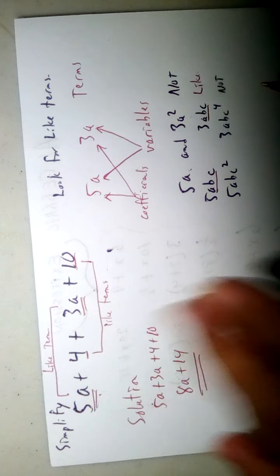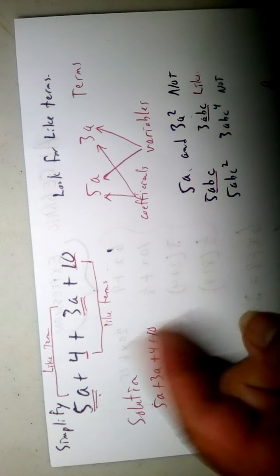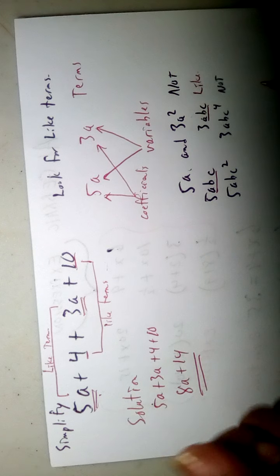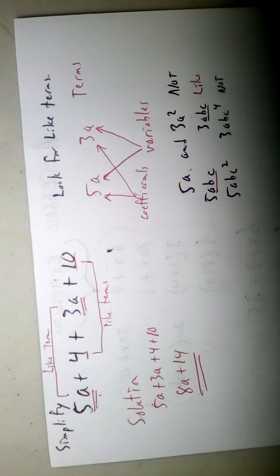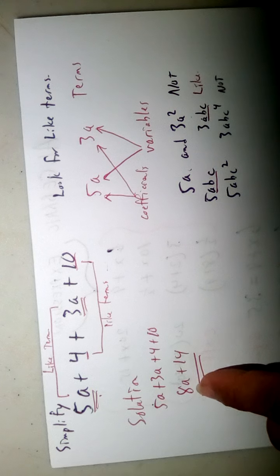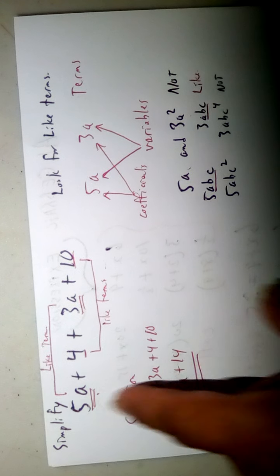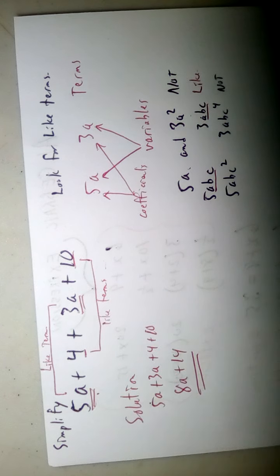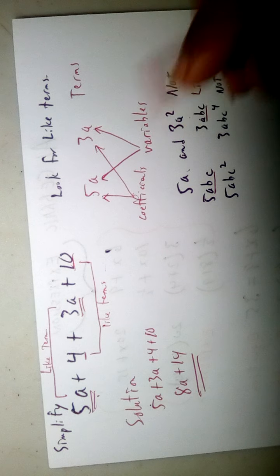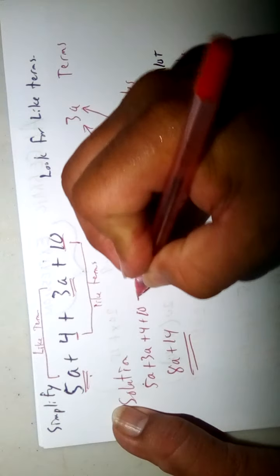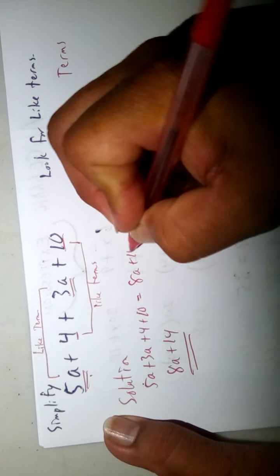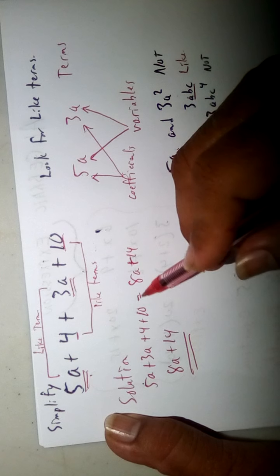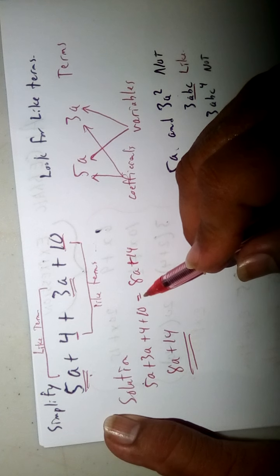Remember, this is just an expression where we are not getting a value for the a. We're just simplifying the algebraic expression. So this would be your solution to it. Some may have the tendency to put equals 8a plus 14, and you may want to say, oh sir, but this is an equation.